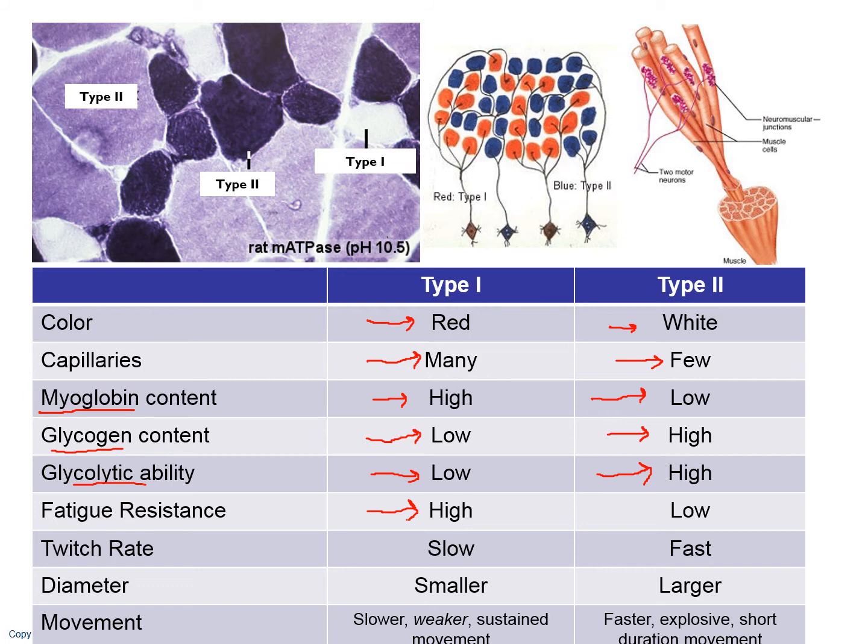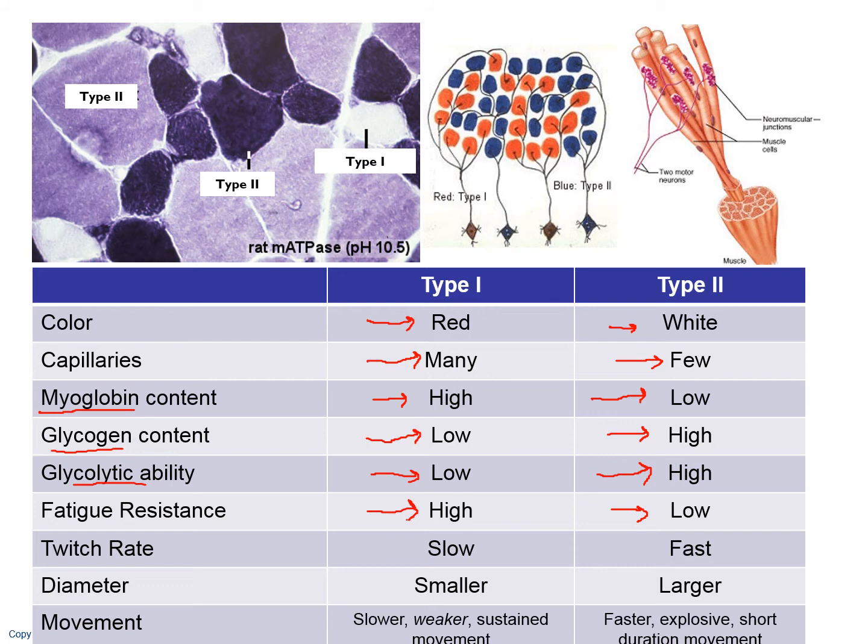Type 2 fibers, on the other hand, because they are more likely to be ATP starved after enough contraction, and they have fewer capillaries to remove wastes, have low fatigue resistance.